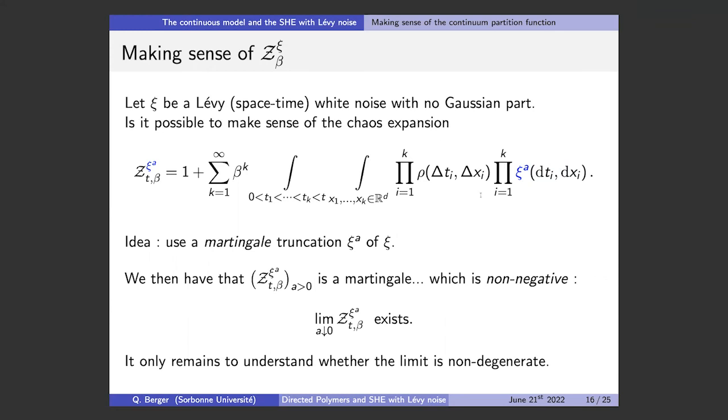And you sum over all possible points. The difficulty is that if you don't truncate the noise, in some places you have accumulations of small noise. You have an accumulation of a lot of random variables, and it's possible that your Brownian motion will just collect a lot of them, which will make the integral explode, roughly.